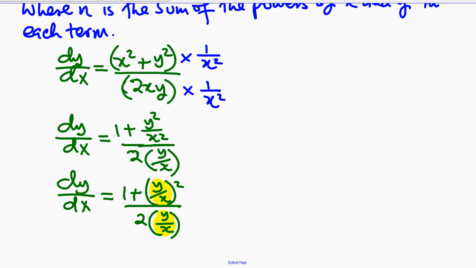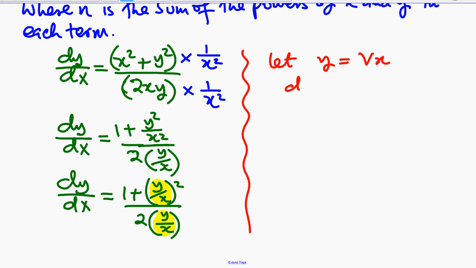On my right hand side here, I'm going to say let y be equal to Vx. Remember the substitution that we talked about in the previous example?